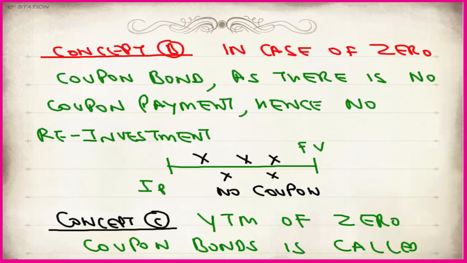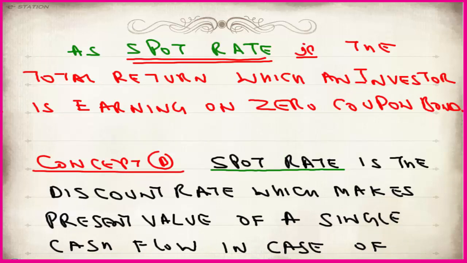Now I am on to concept number C, which is a very important concept. The YTM of a zero coupon bond is called the spot rate. YTM is yield to maturity. So how do we calculate yield to maturity when we are not getting coupons, and so we cannot reinvest?